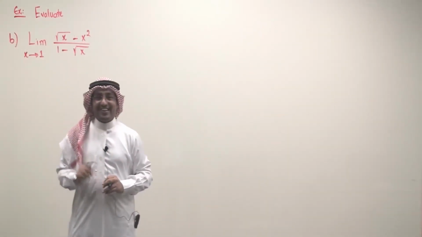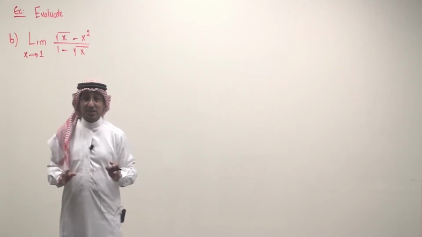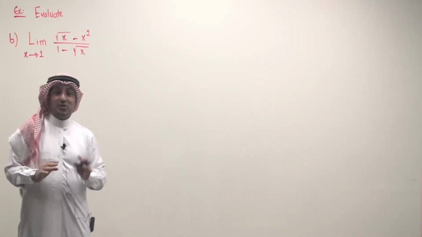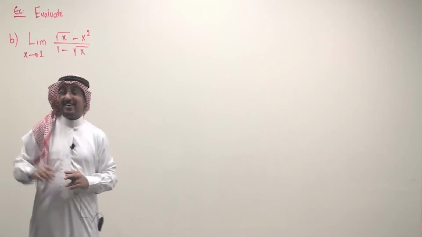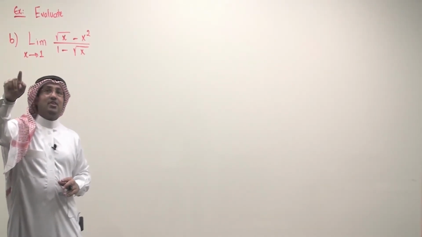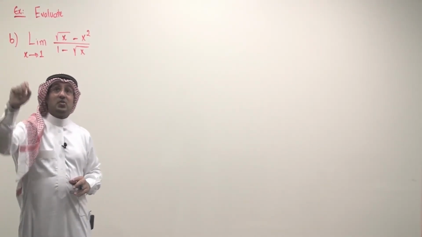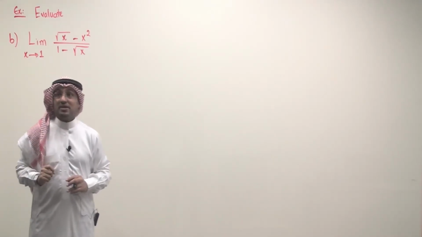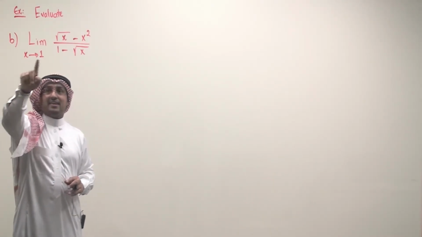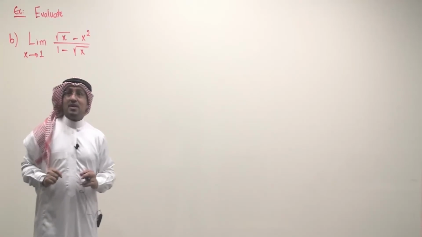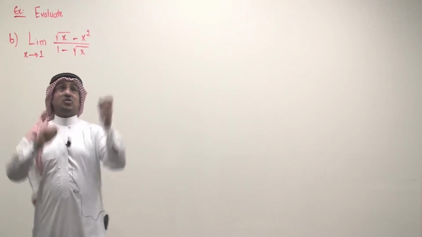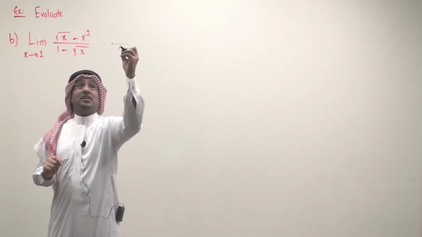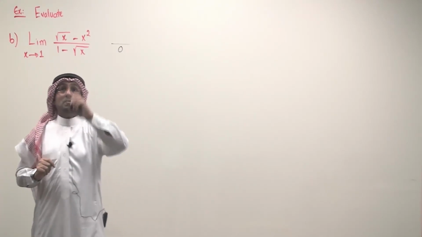Now let's take the second problem, where in fact we also need to multiply by conjugates. The limit of the function square root of x minus x squared divided by 1 minus root of x as x goes to 1. As you see here, as x goes to 1, the denominator is going to go to 0.